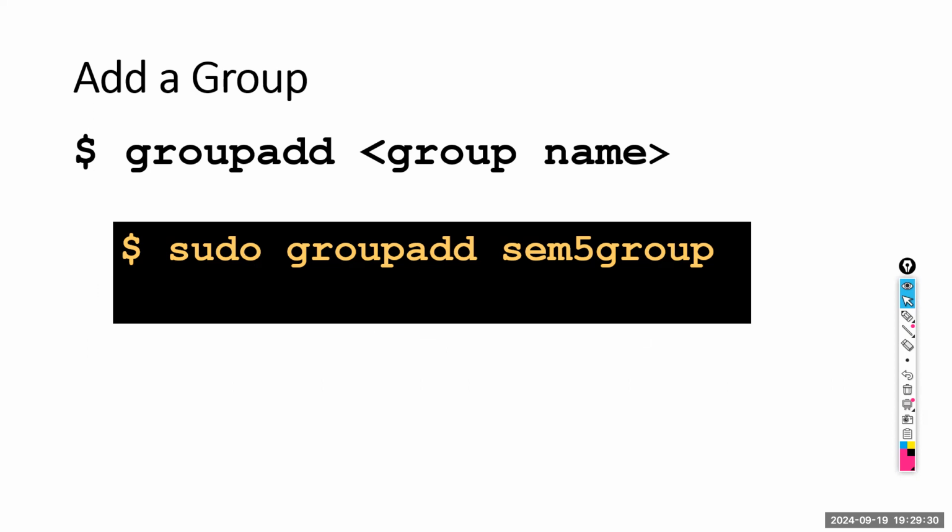In my case, I named it Nalaka. And it also creates a group. Every user belongs to a group, a user group. By default, when you create a user without a group, it creates a group also with the same name. For example, in my case, username is Nalaka, and group name is Nalaka.